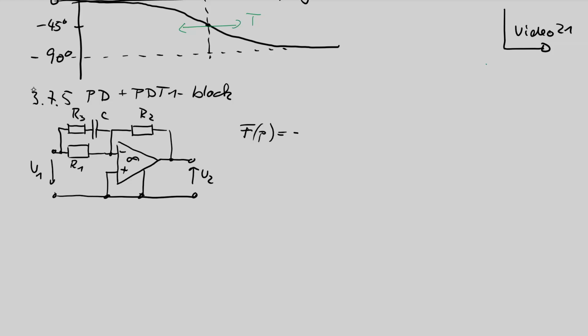The transfer function is calculated by the feedback resistance, it's simply R2 divided by the input impedance. In the input we have a parallel connection of this R3 in series with C, parallel to R1. So we use the parallel circuit equation.